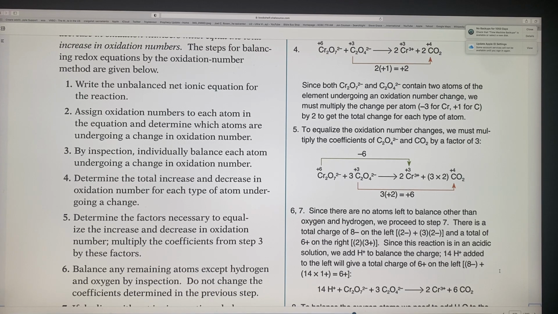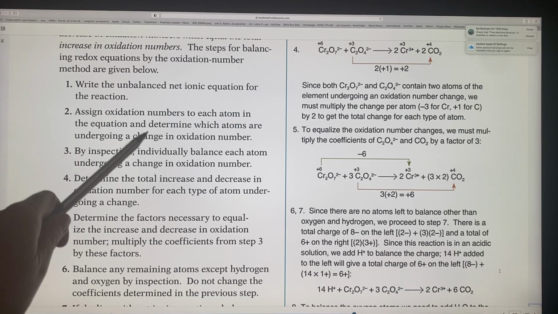And then we have to determine which ones are undergoing oxidation. So basically, are they getting smaller, or are they getting bigger? So that's number 2. There's actually kind of two things.